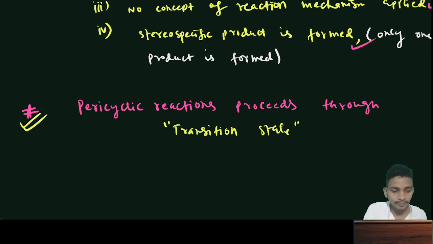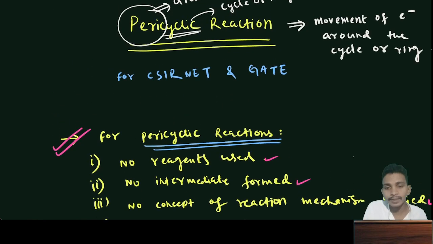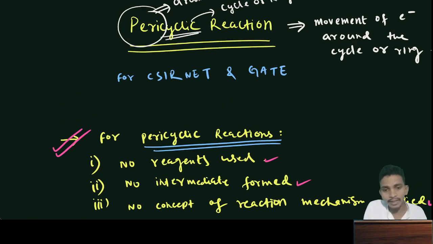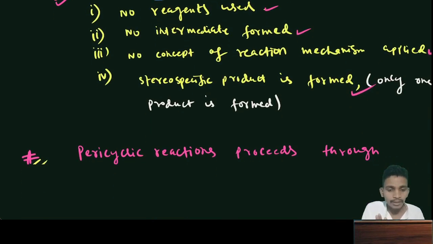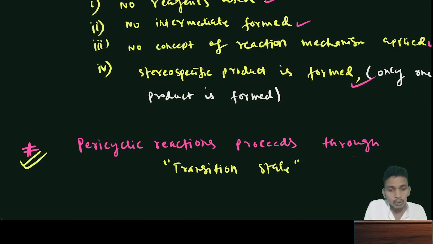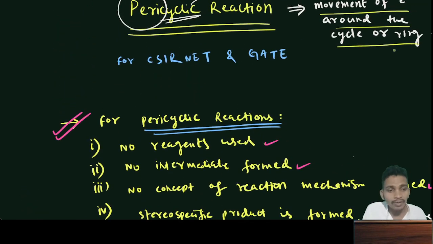Okay, and what I said before, that in pericyclic reactions there is movement of electrons around the cycle of the ring. So what we conclude here is that pericyclic reactions proceed through a transition state, and that transition state will be a cycle or ring.